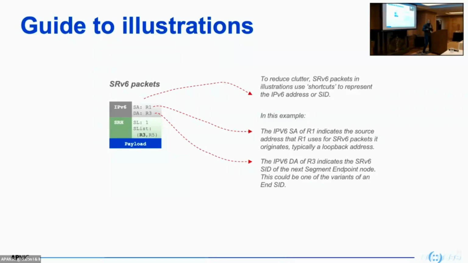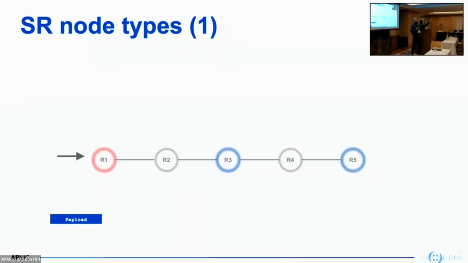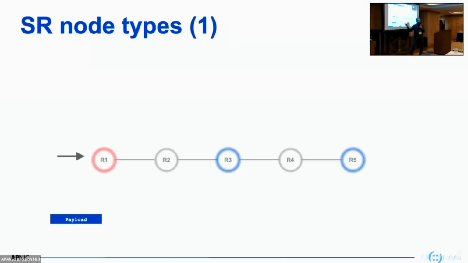So if I now see how this moves, let's say R1 got a payload like a normal packet. It can be an IPv4 packet, it can be an IPv6 packet, it can be even a legacy packet, legacy protocols, doesn't matter. It can be L2 frames, so it will just be in the payload.